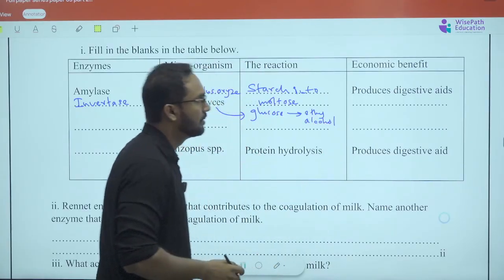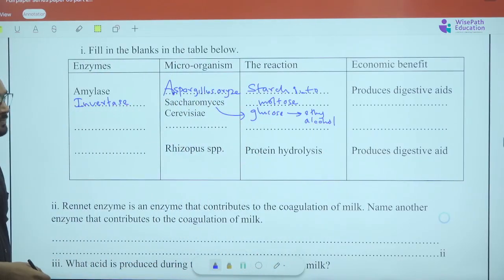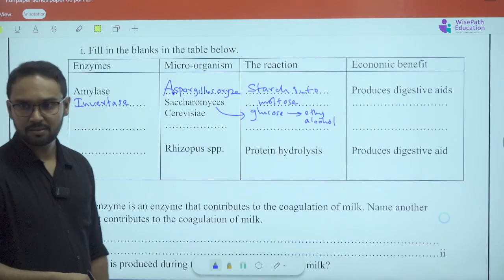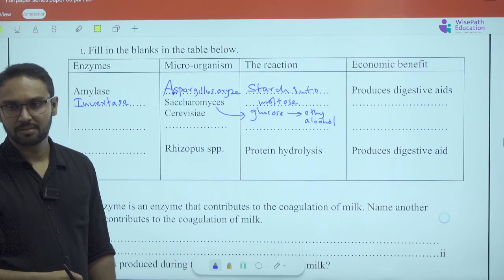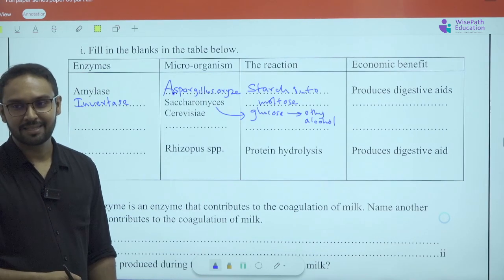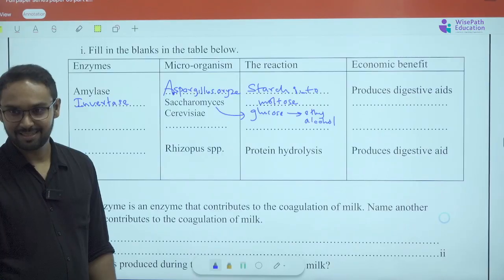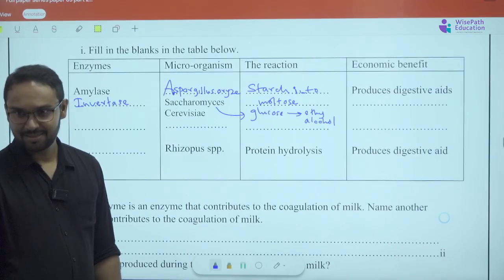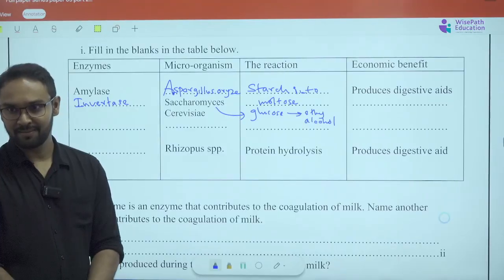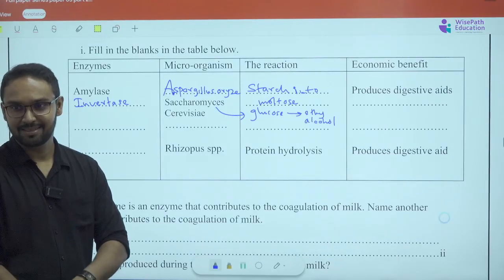So what is the economic benefit there? To produce the alcoholic beverages.